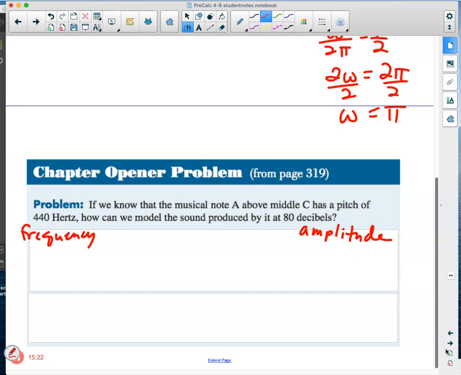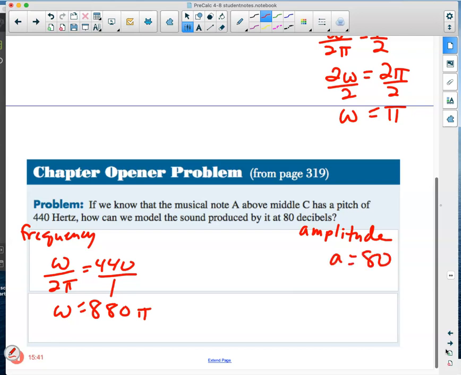So there's our amplitude. Now, if I know the frequency, right away I'm thinking omega over 2 pi. Slap a 1 underneath there, make it a proportion, and omega equals 880 pi. And the amplitude would be 80. So we want to figure out a model for this.